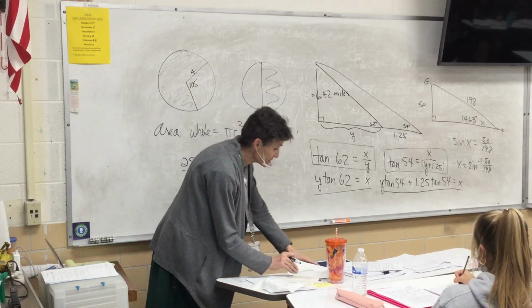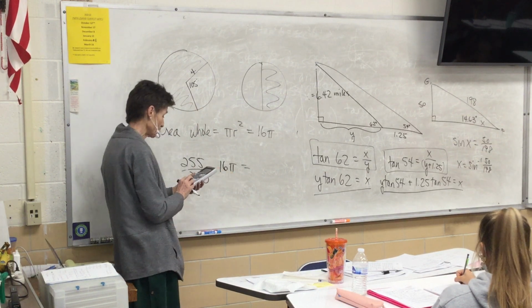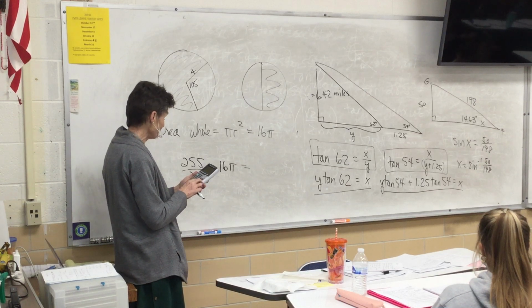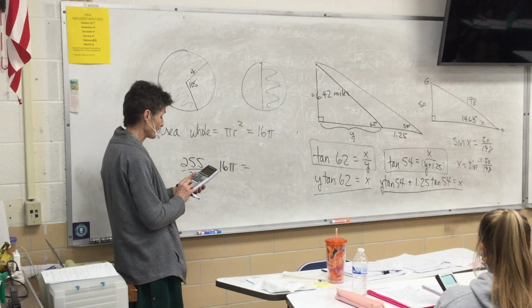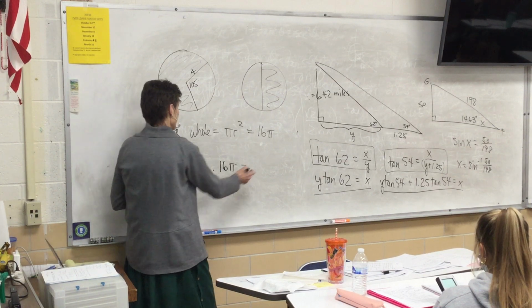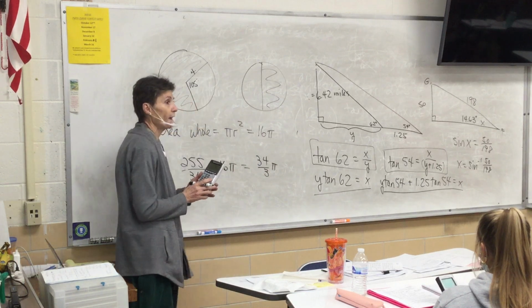Now, you're going to answer this exactly, but you can use your calculator to help you with your arithmetic. So if you do 255 times 16 divided by 360, and then do math frac, it'll tell you 34 thirds. So this is 34 thirds pi.